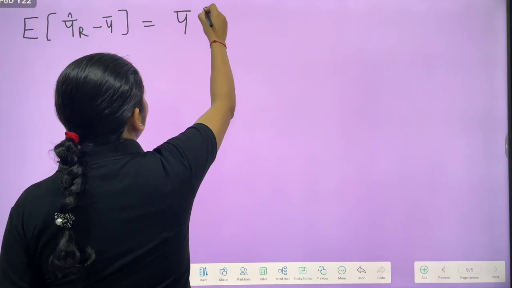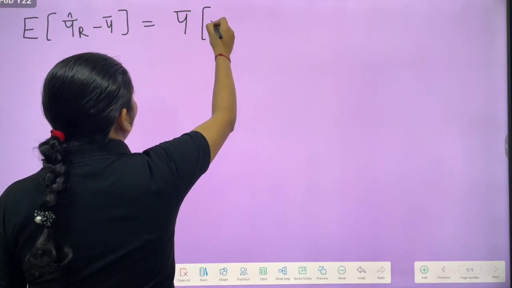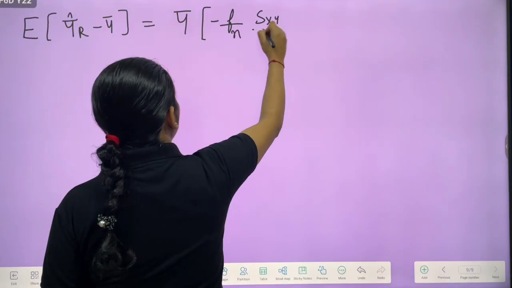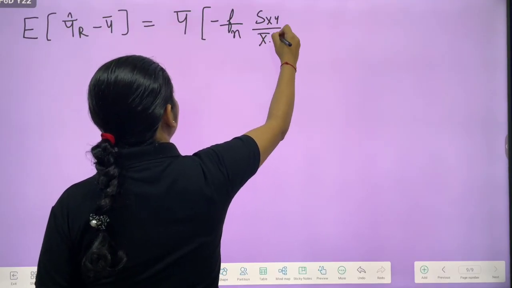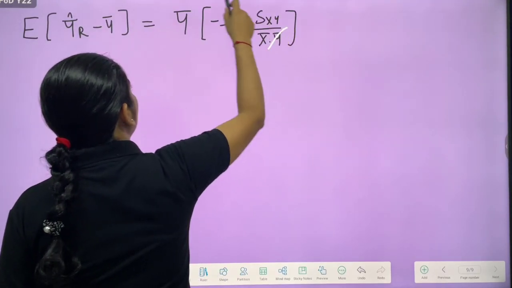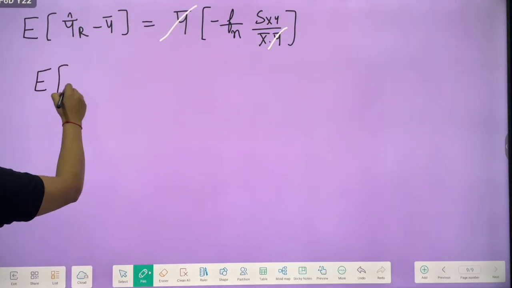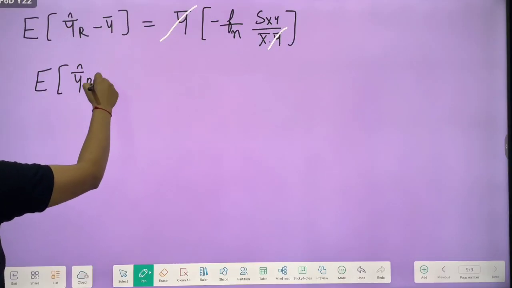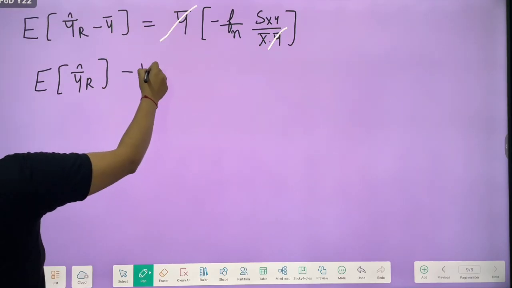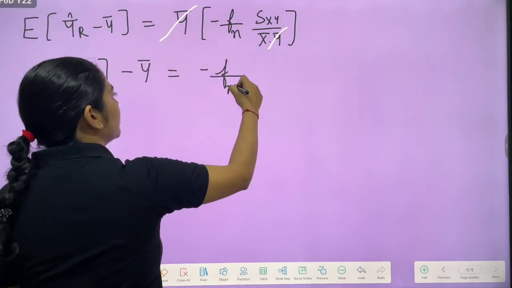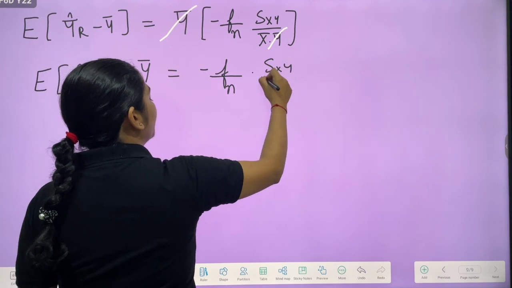So we are taking out that and we are left with minus f by n sxy upon x bar into y bar. Now this y bar gets cancelled with this y bar and we are left with estimation of y bar r. This is the constant, so estimation on it will be this only, and this will be f by n into sxy upon x bar.